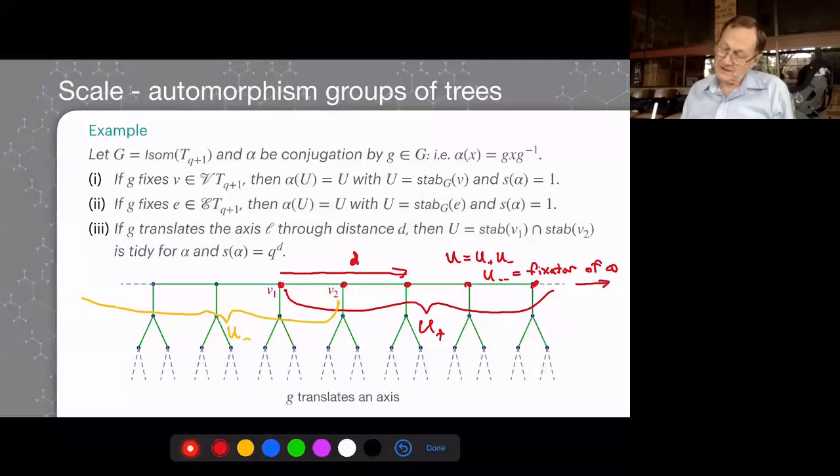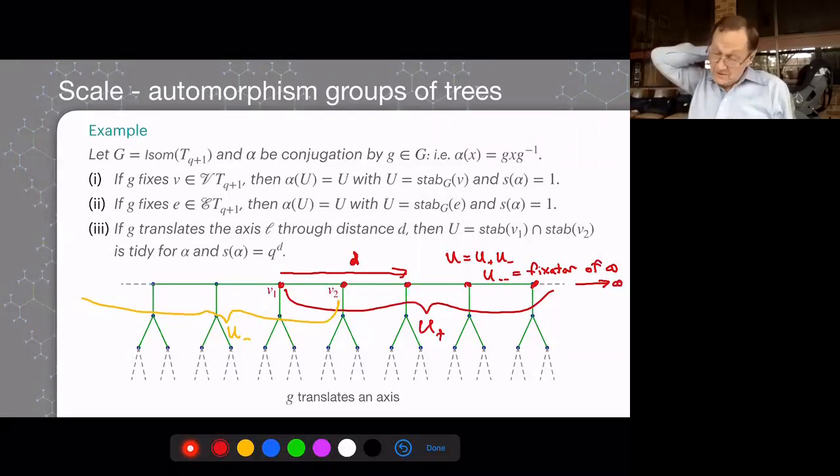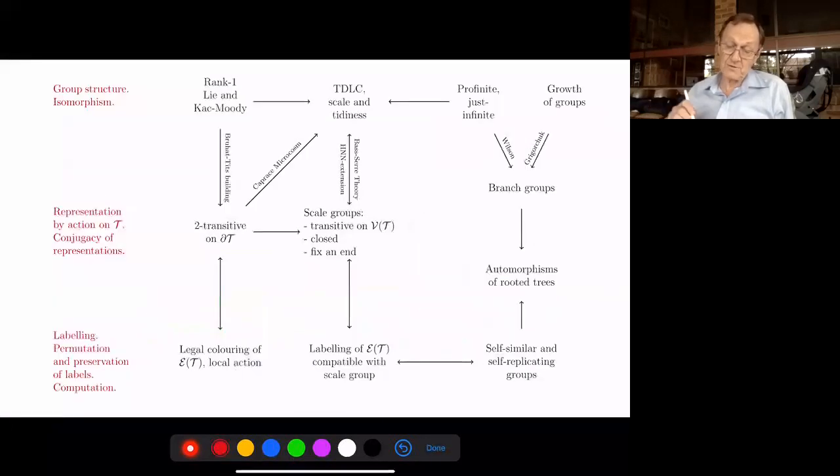So here is our end infinity. U double minus fixes this end of the tree, and that fixator is a closed subgroup of the group. So that's the scale and automorphisms of trees.